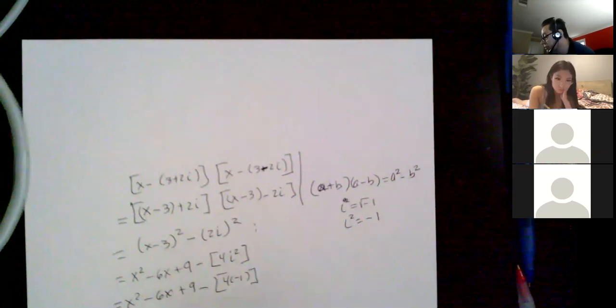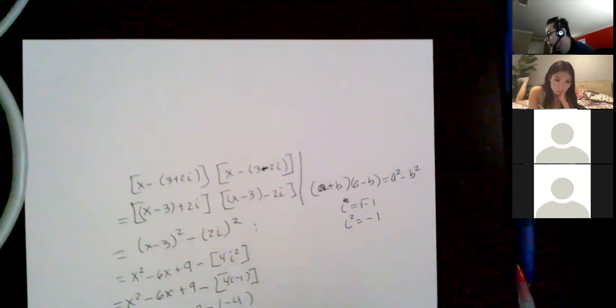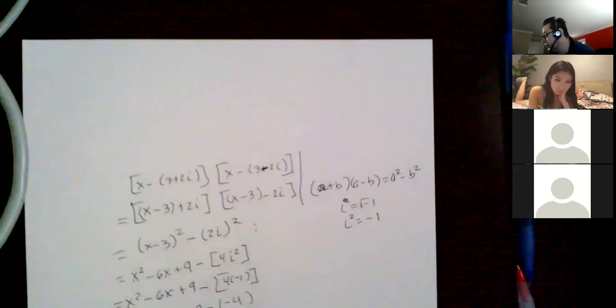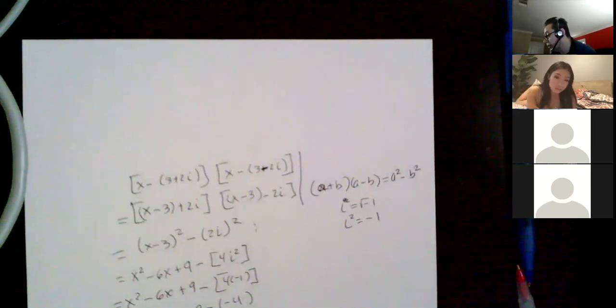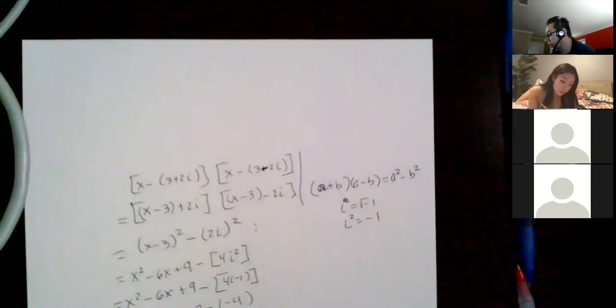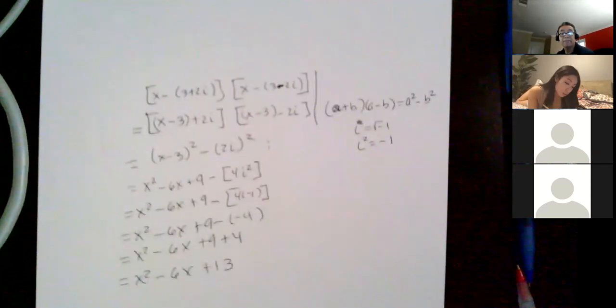And what we have is x squared minus 6x plus 9 minus -4. And now we have x squared minus 6x plus 9 plus 4. And last, we have x squared minus 6x plus 13.